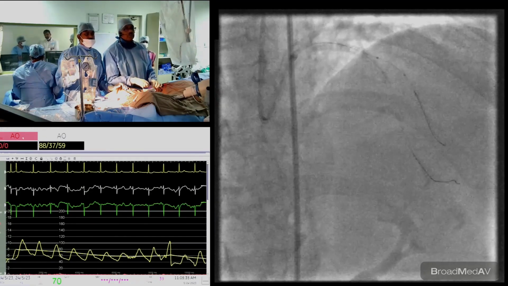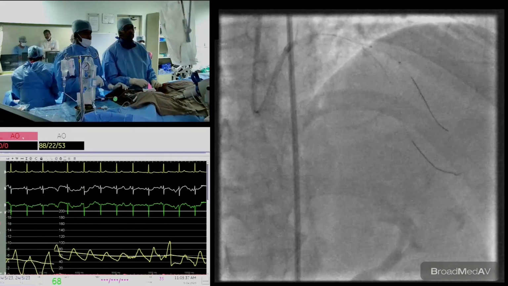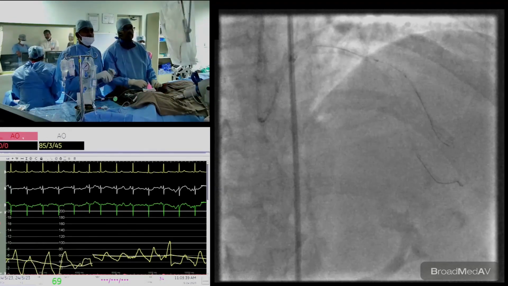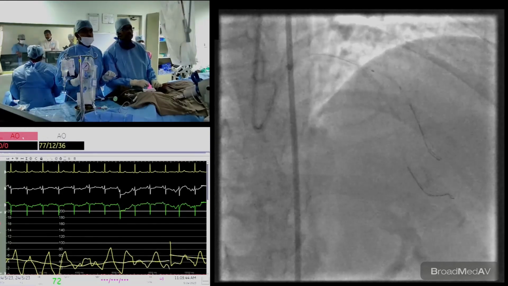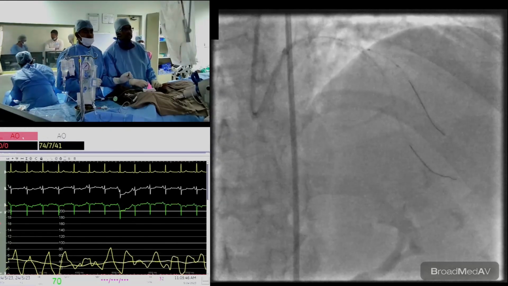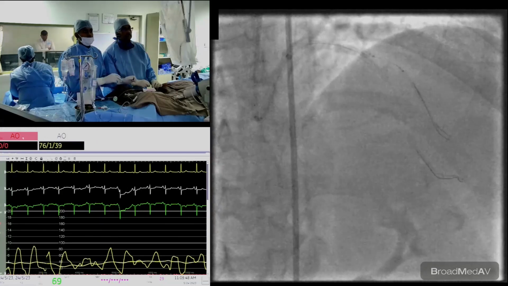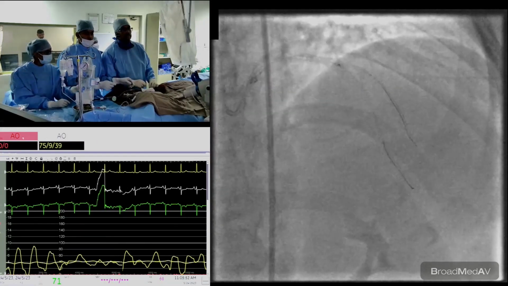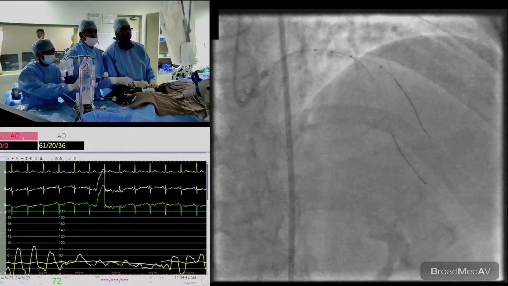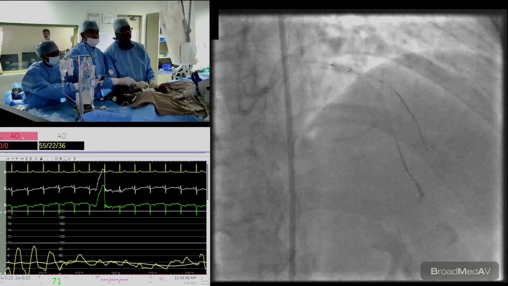So what I'm going to do is now get the other 3.0 balloon into the LAD and then do a small kissing across the diagonal. Get me the indeflator again. Yes, please. Get that there. So can we put the indeflator on? Negative.